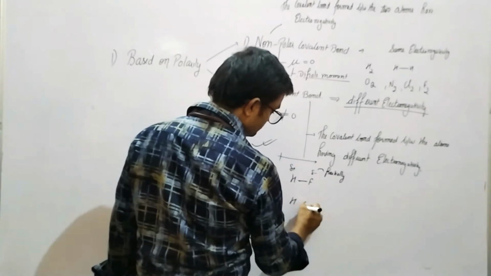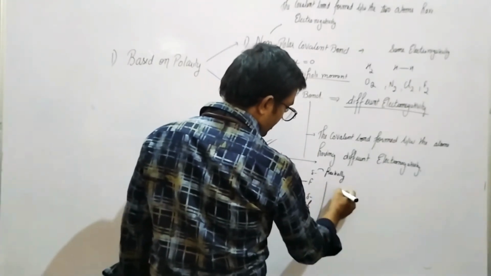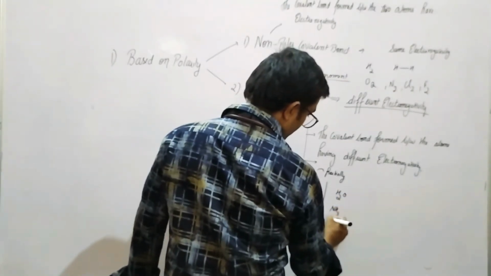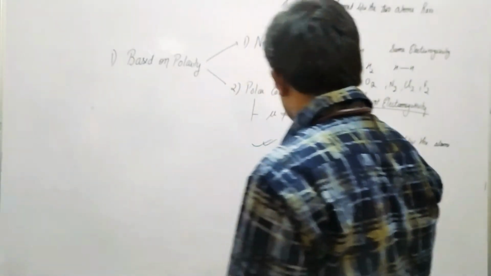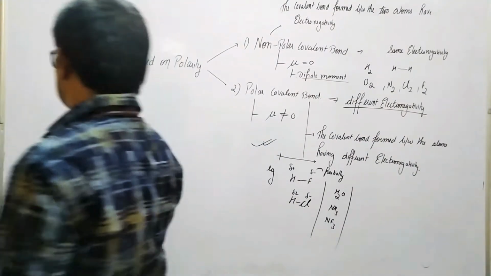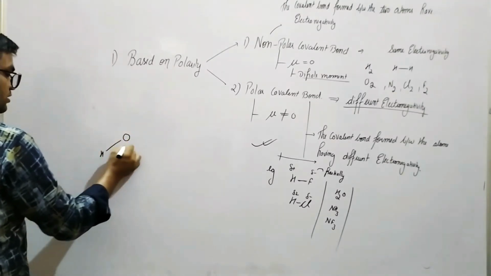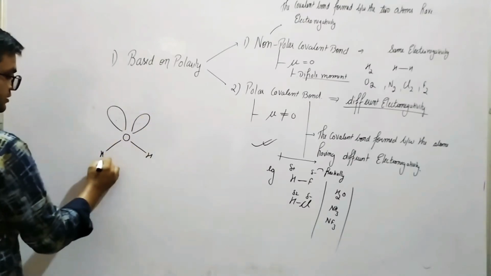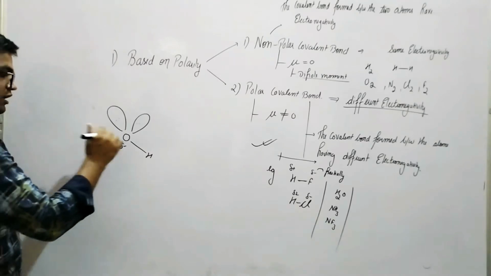HCl, delta negative, delta positive. H2O, NH3, NF3. These are polar molecules. But first we should know how. As we know, water has a tetrahedral structure with two lone pairs. Hence, hydrogen is delta positive because it is less electronegative, and oxygen, being more electronegative, is delta negative.